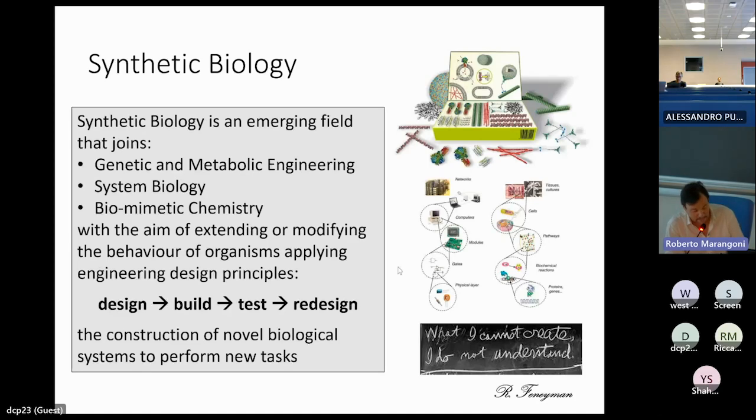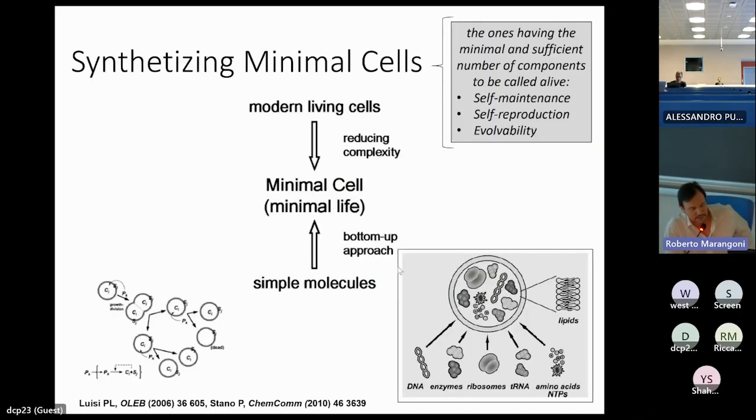So in this approach, we are interested in synthesizing a minimal cell, that is, an artificial structure having the minimal and sufficient number of components to be considered alive. The main features that it should exhibit are self-maintenance, self-reproduction, and evolvability.